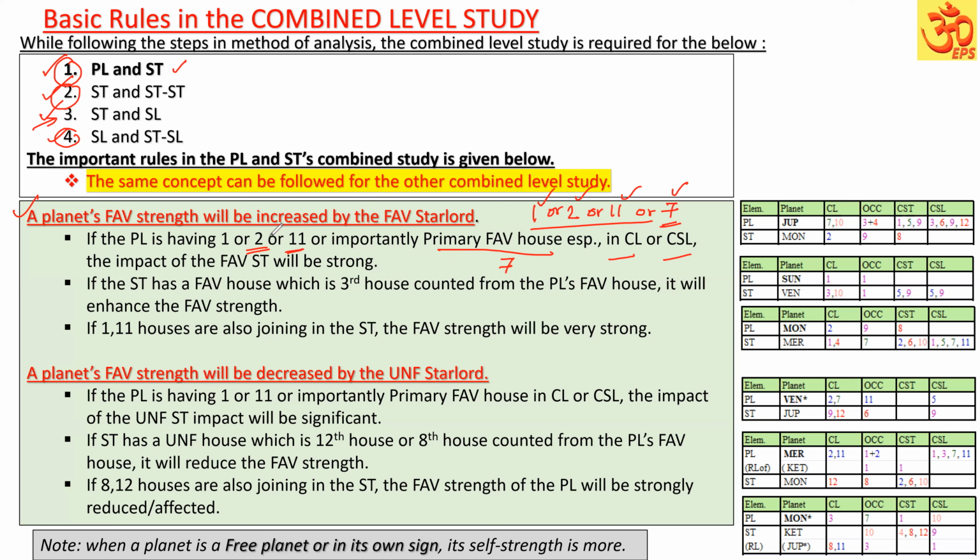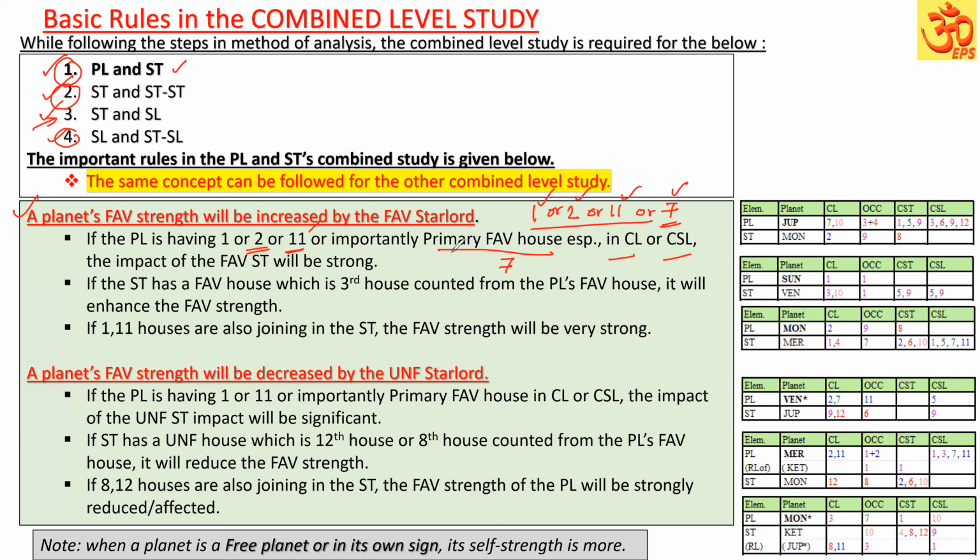So if the second house or 11th house are coming under favorable, then they will come under this rule. Basically, Lagna, second house, 11th house are all good houses for money matters, family matters, most of the things; second house is important. So it is commonly taken, and also the 11th house for desire fulfillment, success and gain. So basically, a planet having 1 or 2 or 11 is importantly the primary favorable house.